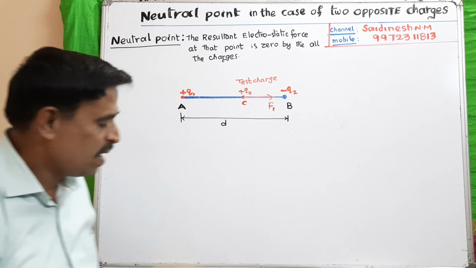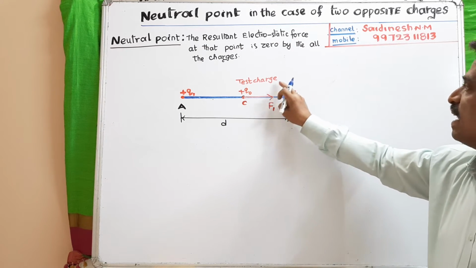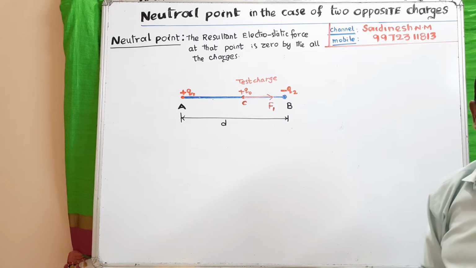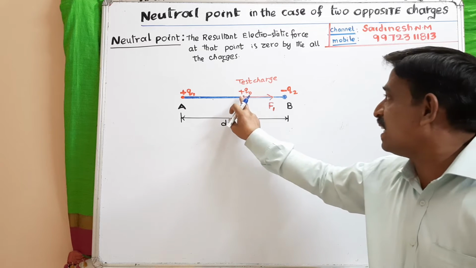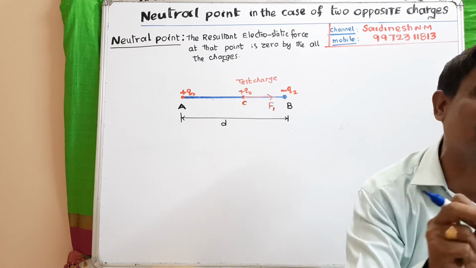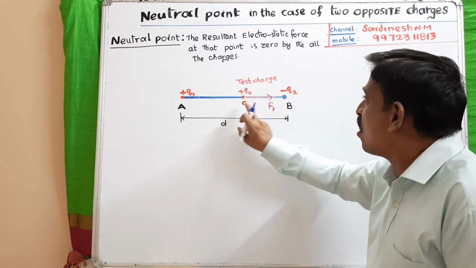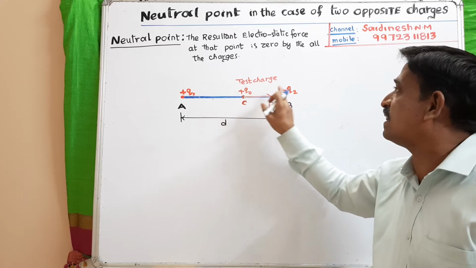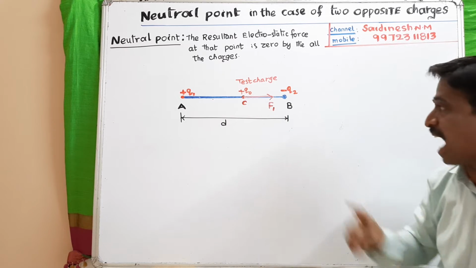Now, let us consider at the point B there is a negative point charge. Q naught represents the positive test charge at the point C. In between the negative charge and the positive charge, there exists an electrostatic attraction.